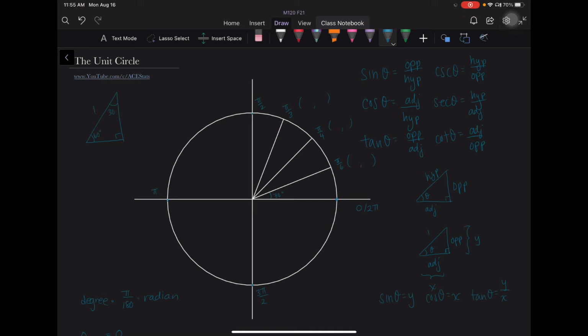This is our 30-degree angle. And so for the 30, we have 1/2. For 60, we have root 3 over 2. So the opposite, or the y value, for 60 is root 3 over 2, which means the adjacent is 1/2. And notice that the coordinates actually switch for 30 degrees.